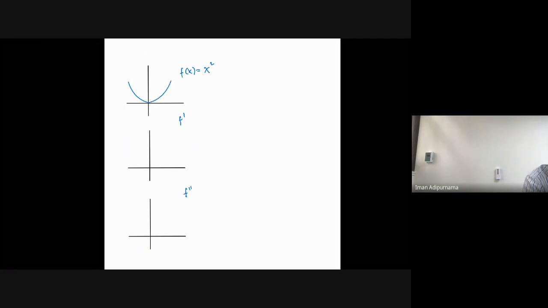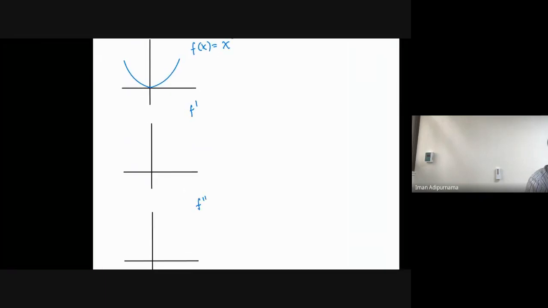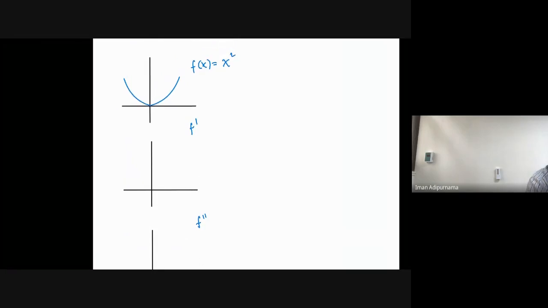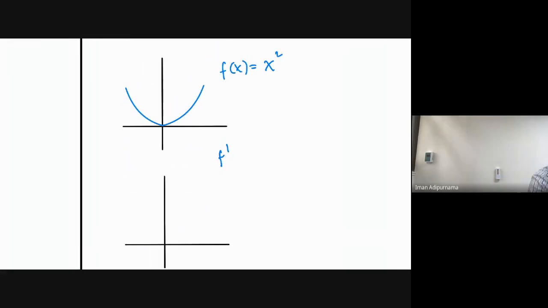Does anyone still have confusion how to draw the first derivative and second derivative from x squared? Anyone still have confusion? Okay. So to draw the first derivative, you can check the gradient from the original function.